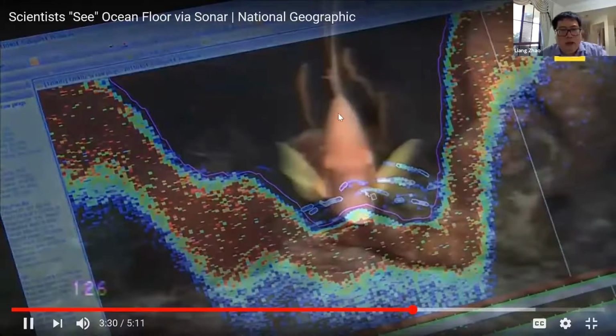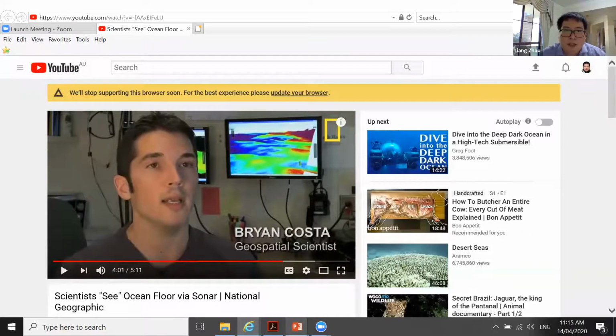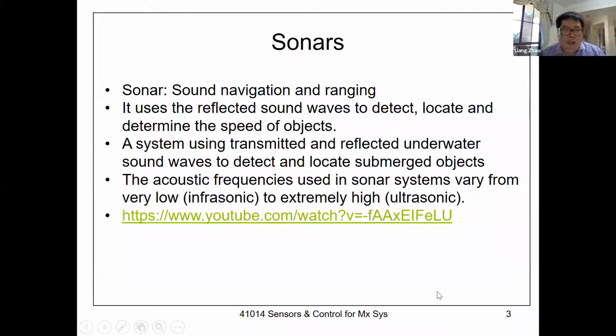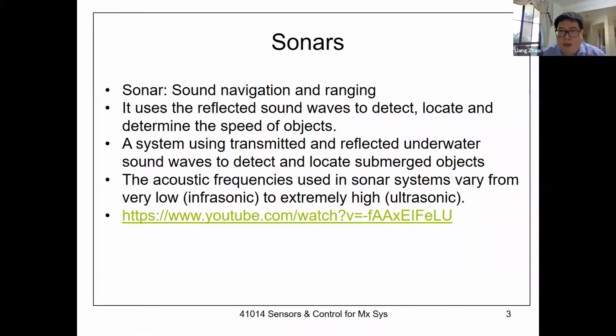Okay, so that's it, let me stop it. So that's an example of the use of sonar in the underwater environment.